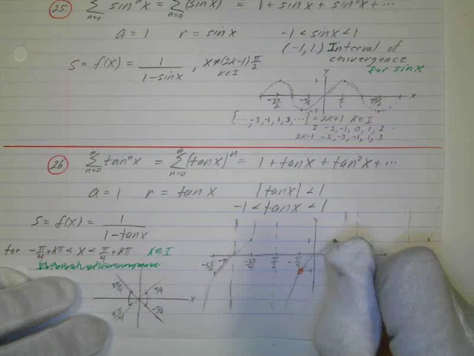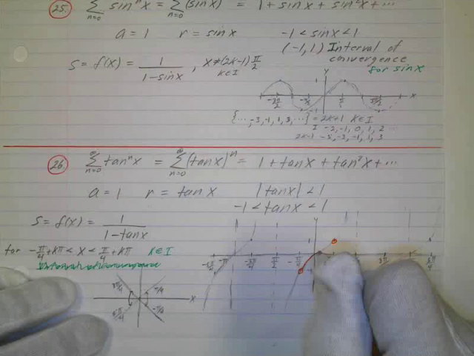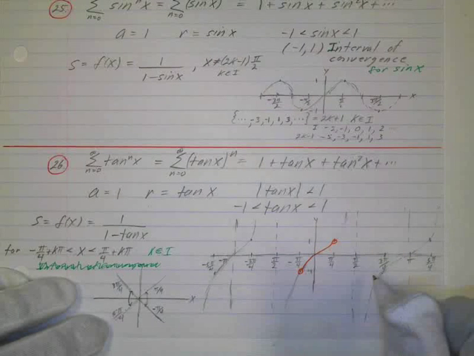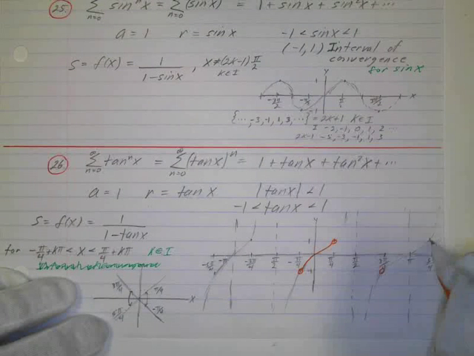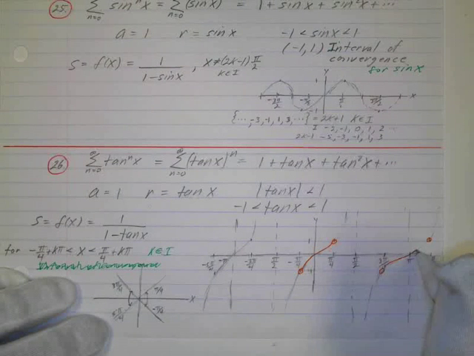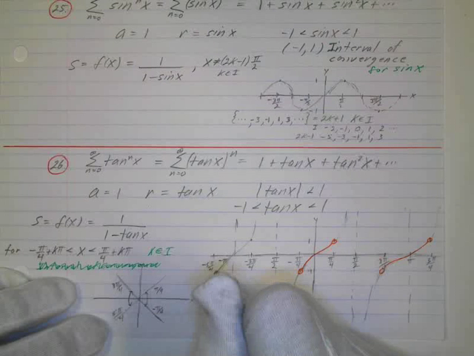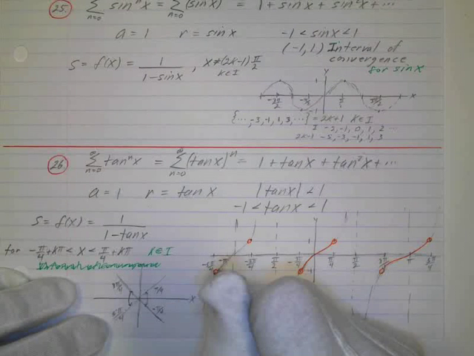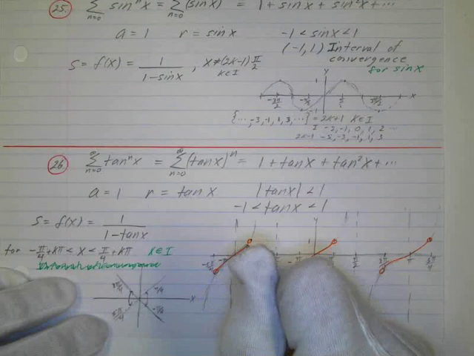I should maybe just highlight those. Those are the values I want, and then here's another one. And then here's another one.